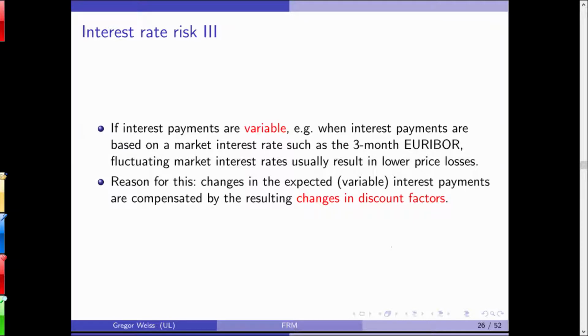Now, if the interest payments are variable, for example, when interest payments are linked to an index or interbank offered rate, like the 3-month Euribor, fluctuating market interest rates usually result in lower price losses, because you will earn a higher interest rate payment, but you will also use a different, adjusted interest rate for discounting.